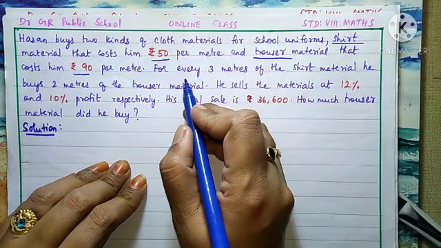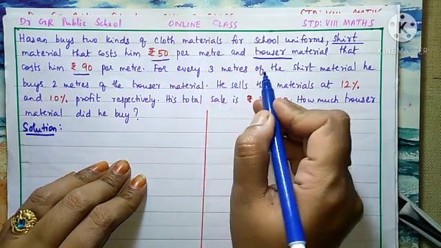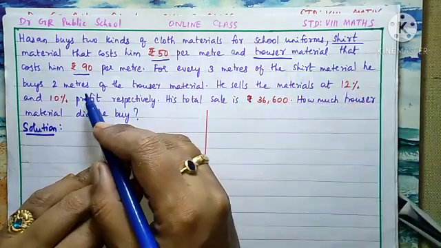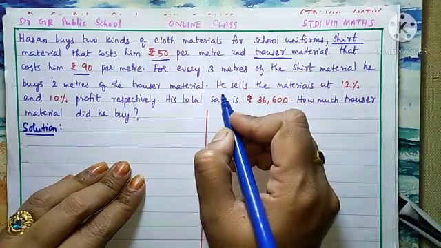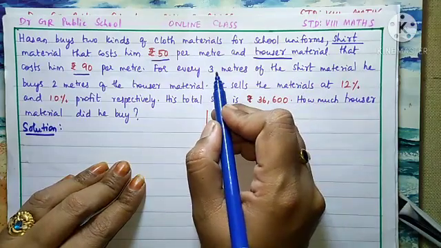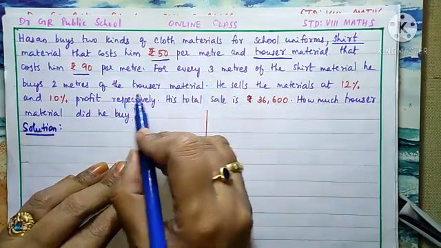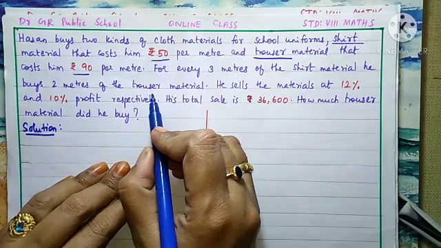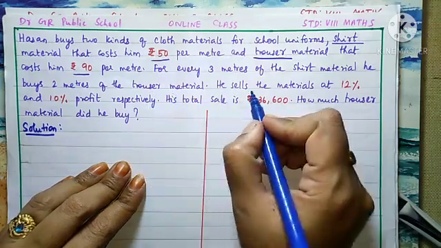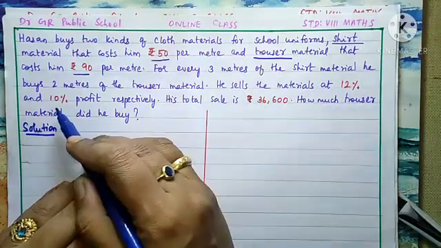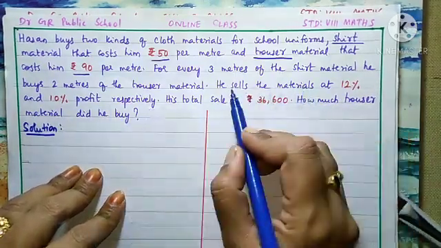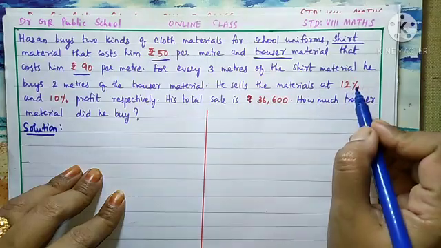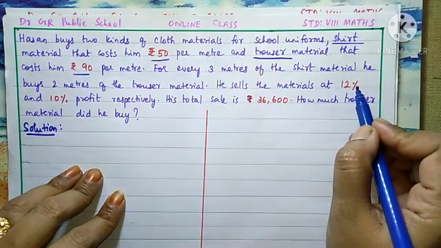This is actually the ratio. For every 3 meters of shirt, he is taking 2 meters of trouser. That is the relation between the two materials. Now he sells the materials at 12% and 10% profit respectively. See children, in this sentence 12% profit is for shirt.